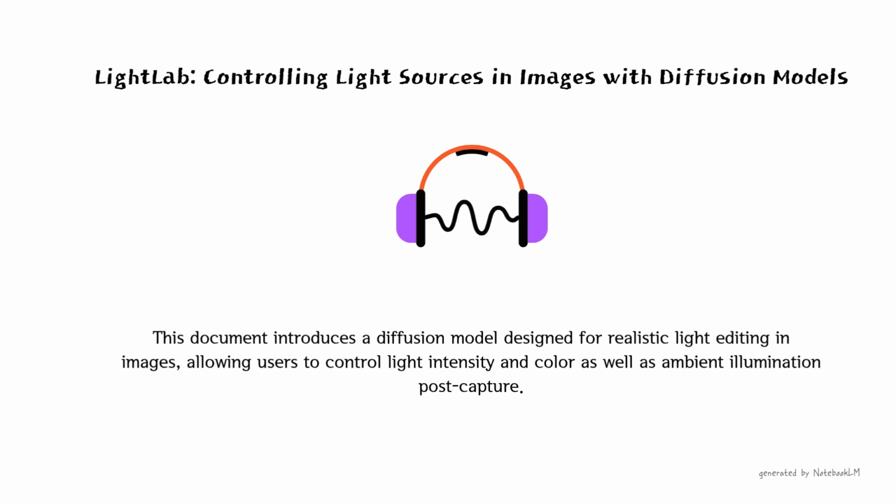Okay, so we have this model trained on this mix of real and synthetic data, understanding I_M and I change. How do we, the user, actually control the light? Well, the model has learned how changes to those I_M and I change components affect the final look. So it can now accept parameters from you to control the target light's intensity and color, and also the overall ambient light. How does the color change work?